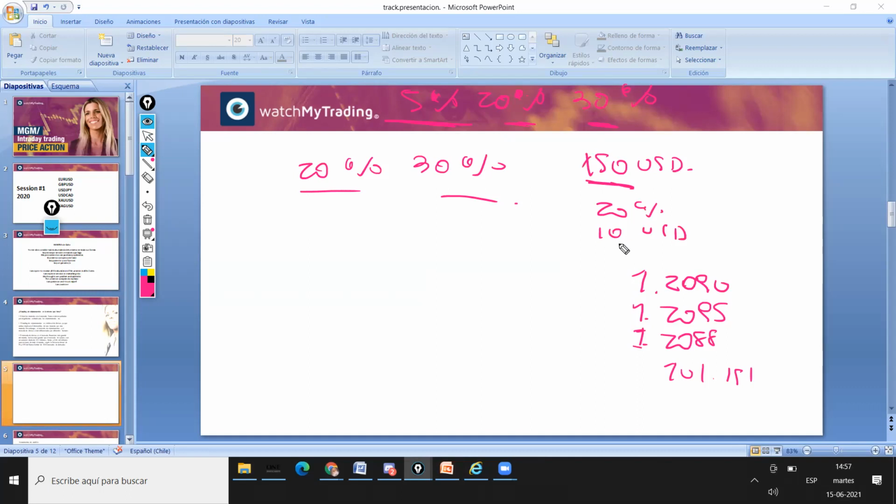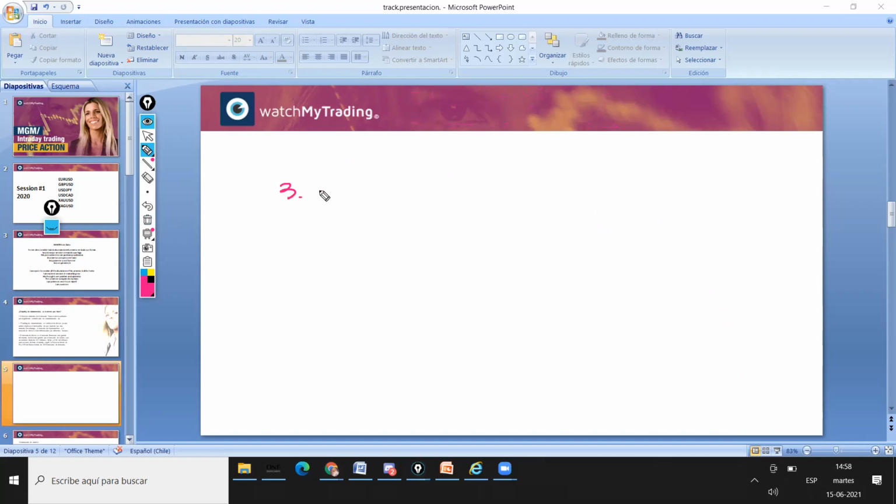But what I suggest also is that you use the lowest lot size. Let's give a quick example here. Let's say you have $3,000, right? So one standard lot, you know how much that is? Yes. Okay. On 1 to 400, how much is it?